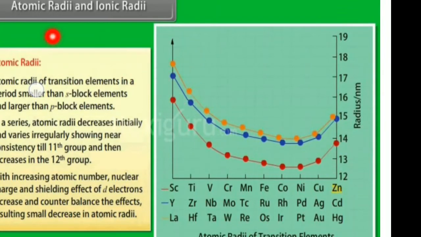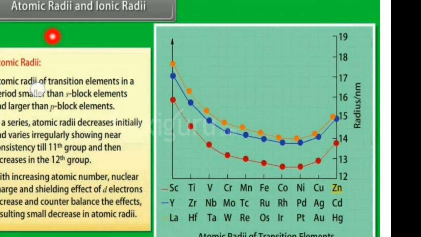Gradually, the atomic radii decrease to nickel, because 3D series elements are arranged in a period. So in a period from left to right, atomic radii gradually decrease.